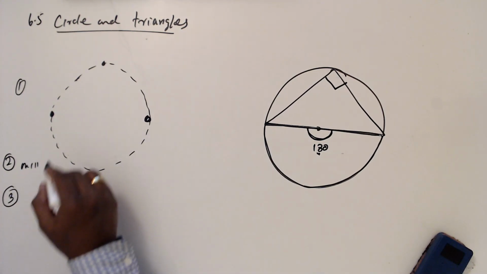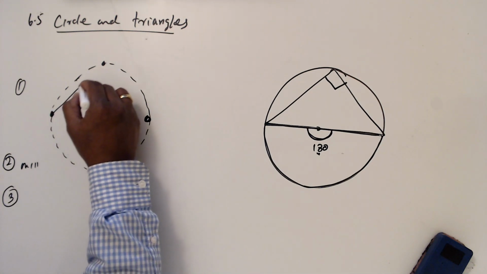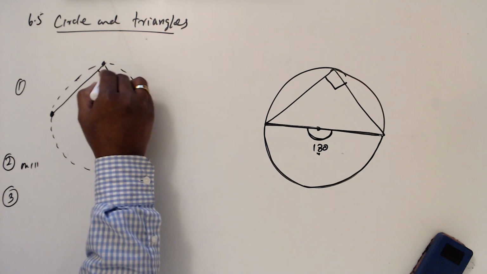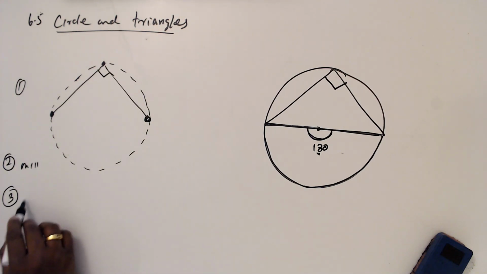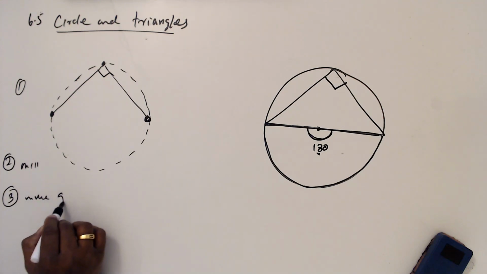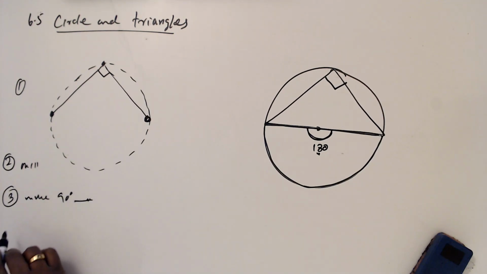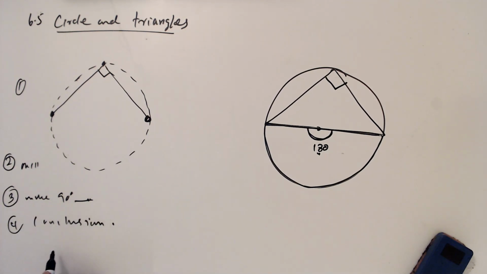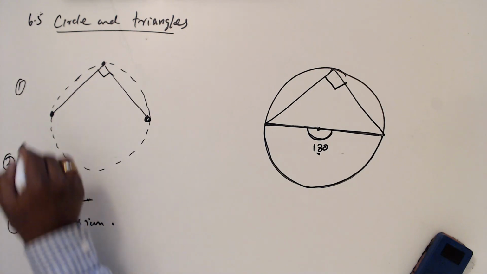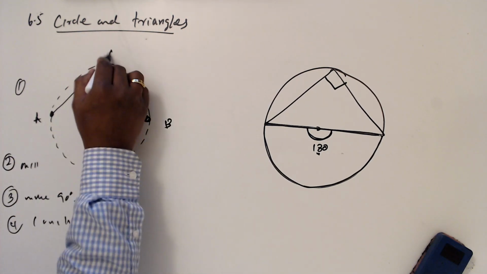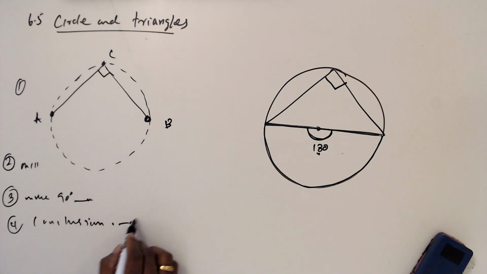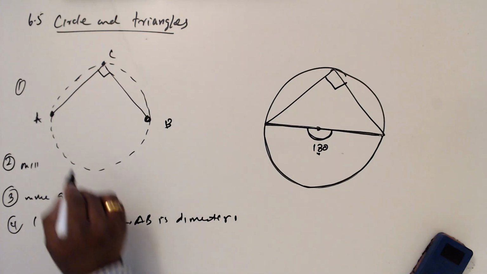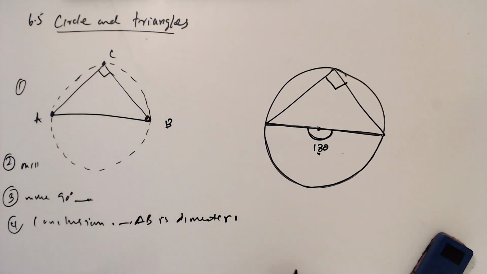Third thing, these two lines make 90 degrees. Then fourth one, the conclusion. What is the conclusion? I write ABC. The conclusion is AB is a diameter. That's the conclusion.